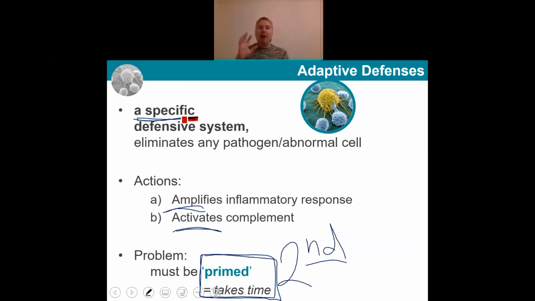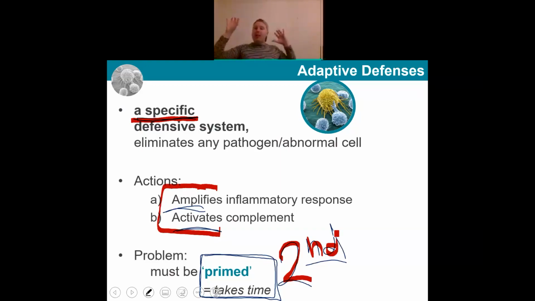So what we saw earlier on, it is very specific. It only deals with certain kinds of pathogens. And it is very effective when it works. It does its job really well. But to do its job really well, it has to have met that pathogen already once before.